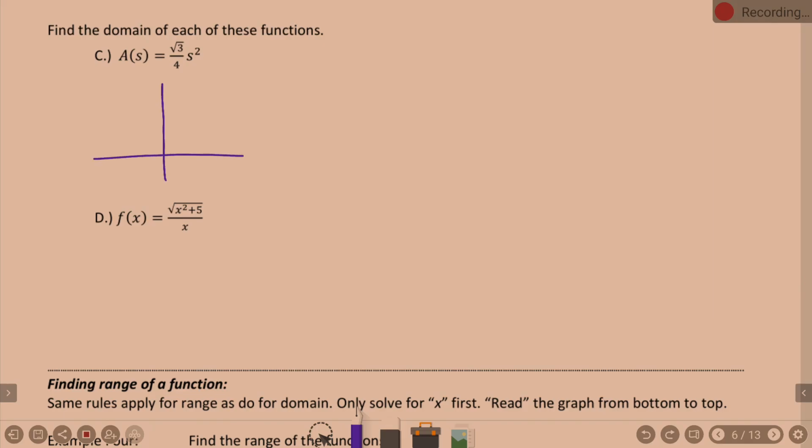Okay, so there's no square root to worry about. There's no denominator to worry about. This really falls into the category of a polynomial, if you ask me. So what would we say about that? All reals, okay? Now there's a catch.